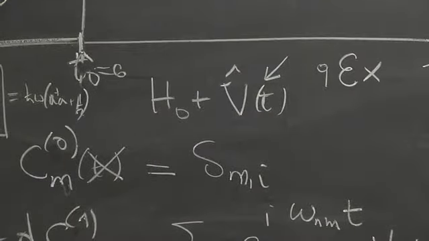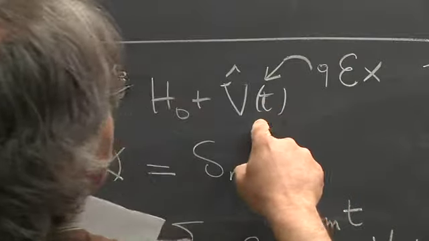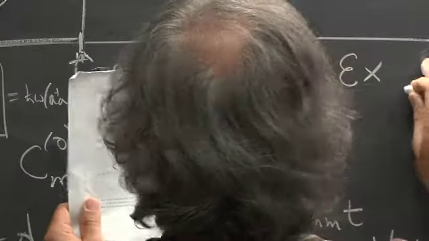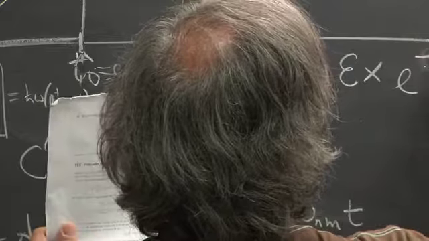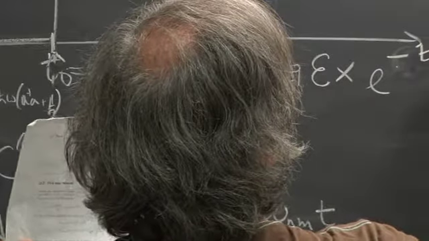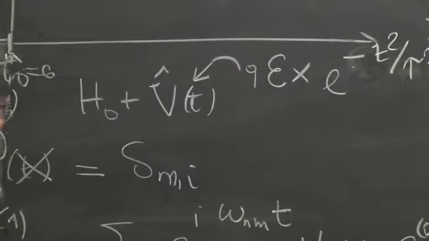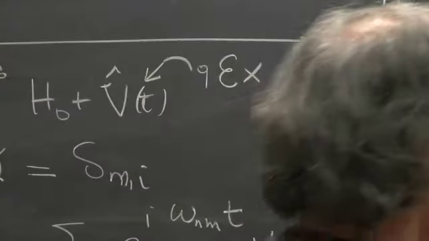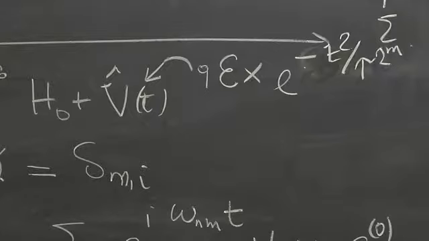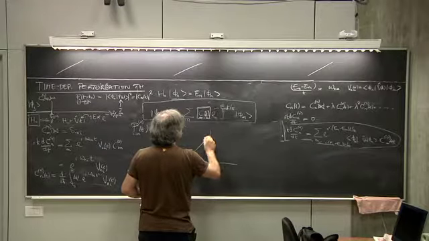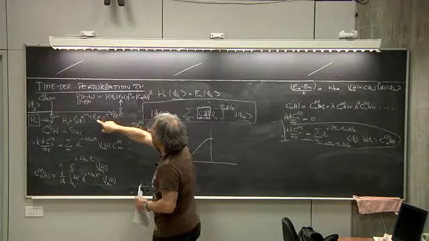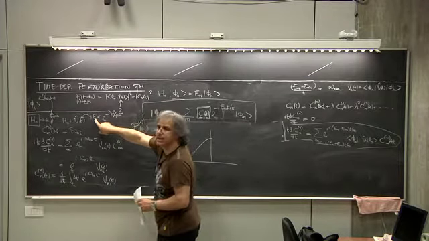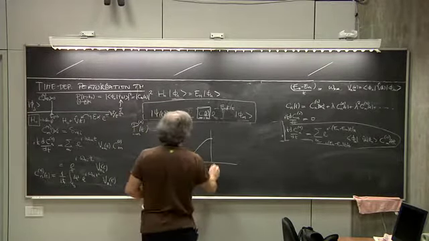We did this. However, in this case, I want a time-dependent case. Therefore, I just put e to the minus t squared over some tau squared. What does it mean? It means that there is a certain time scale tau over which I turn on the field, okay, which reaches its maximum value, E, at time t equals 0, okay?